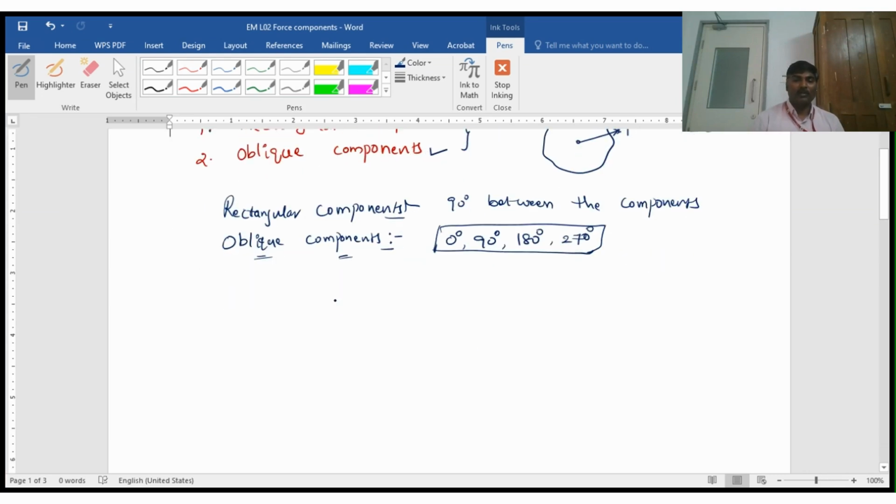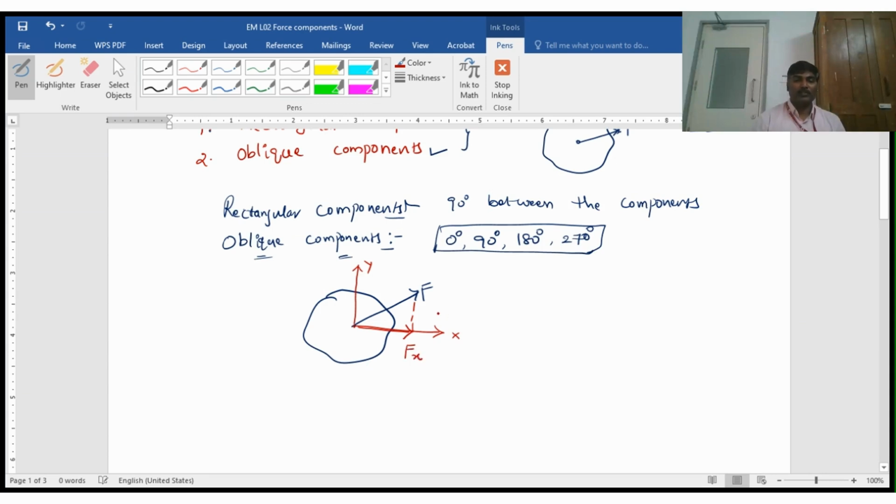consider a body where you have a force applied. First let me draw the rectangular components. Say this is the x direction and this is the y direction. Now if you project this force onto the x axis, we call it the x component.